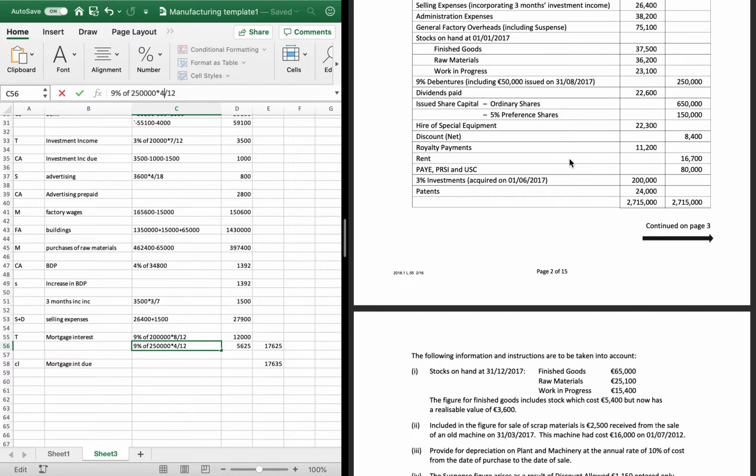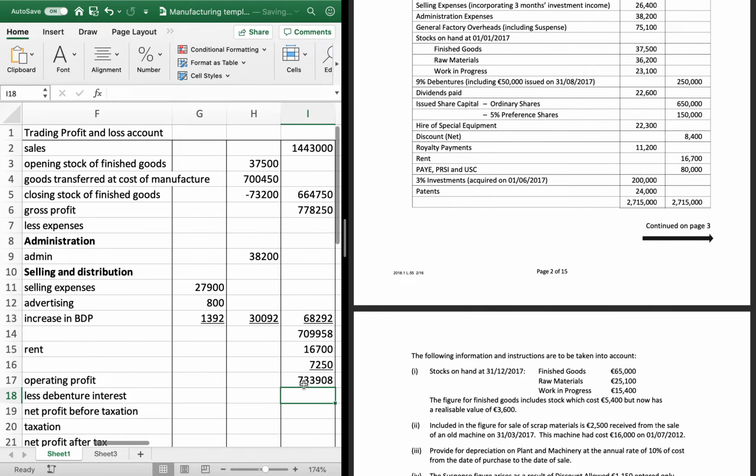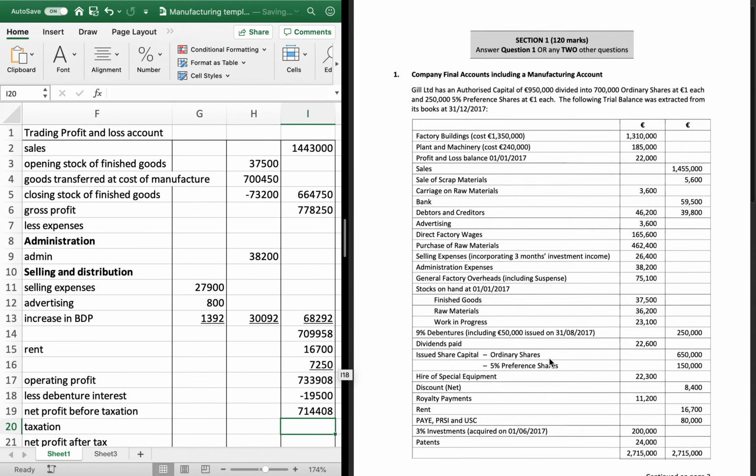Just check the months on that actually. So the mortgage interest is 31st of the 8th, so it's going to be 8 and 4. So just by checking that, it's 19,500. Okay, so your mortgage interest is 19,500 to be taken away. And that'll give you your profit before tax of 714,408.